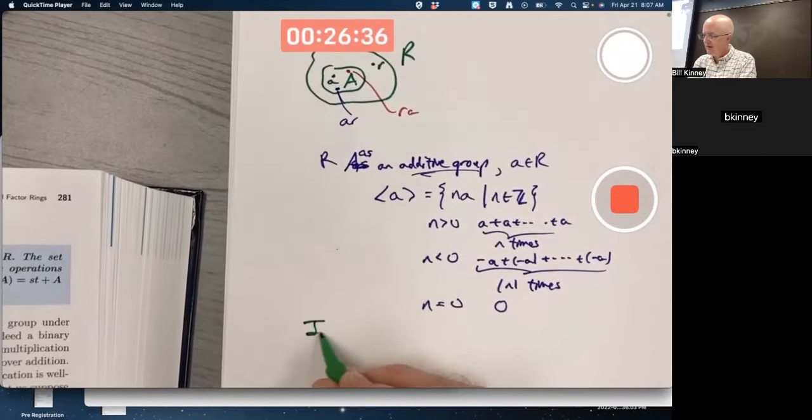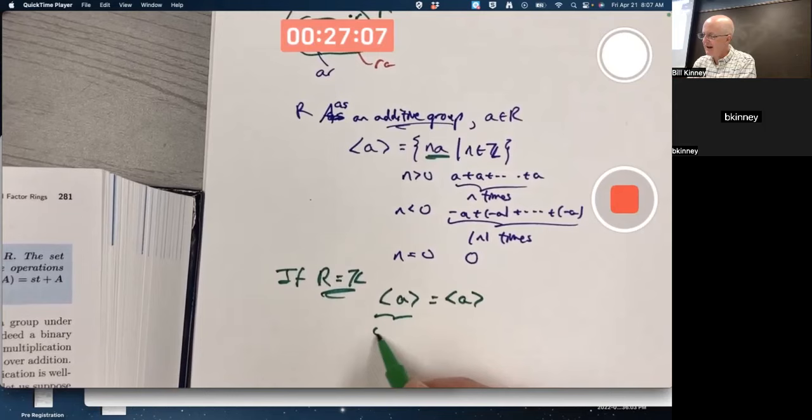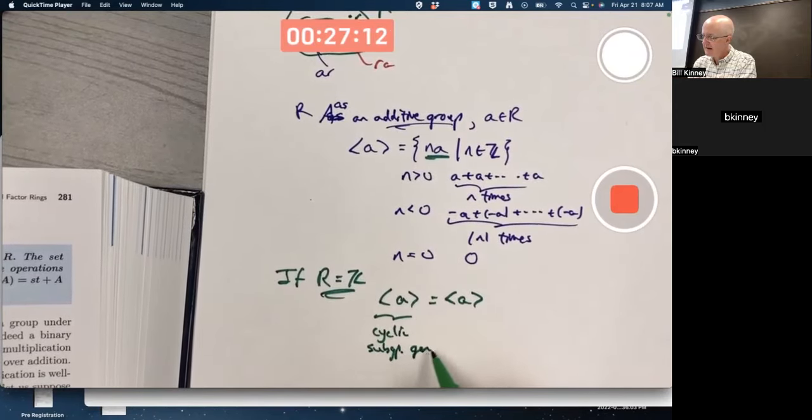The cyclic subgroup generated by A would equal the principal ideal generated by A.